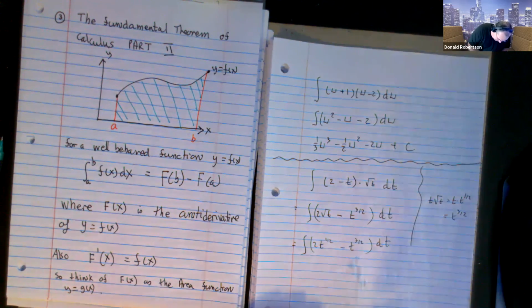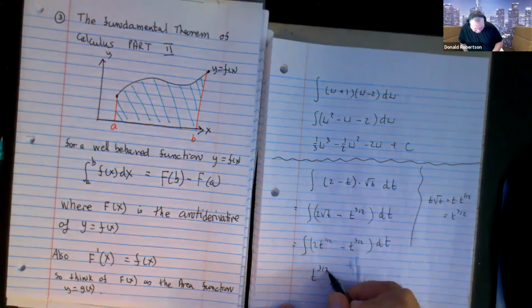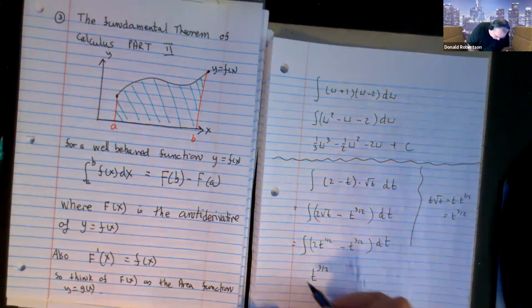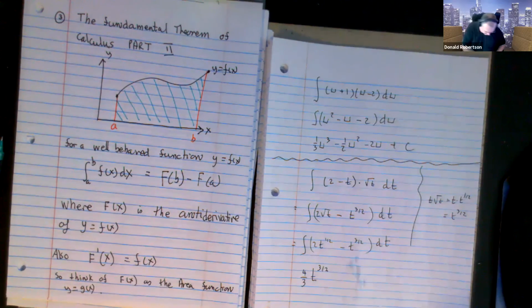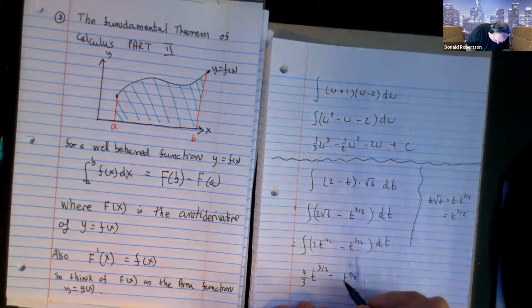So I'm going to add 1 to the power. Right, so you add 1 to that, you get 3 halves. Divide by the new power is the same as multiplying by 2/3. So that's why that's now 4/3, right? 2 times 2/3. Now, take away. Add 1 to this guy and you get 5 halves. Dividing by 5 halves is the same as multiplying by 5/2.